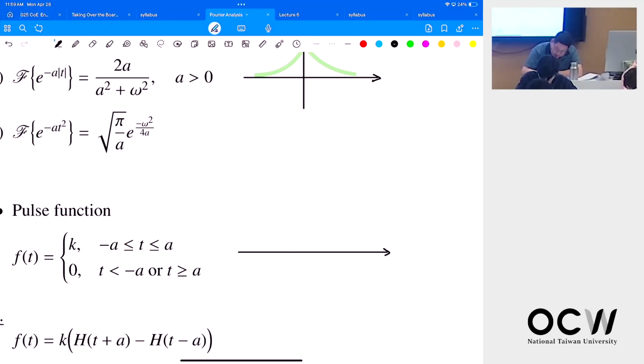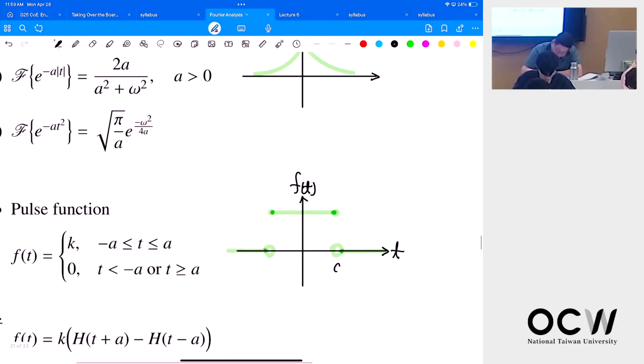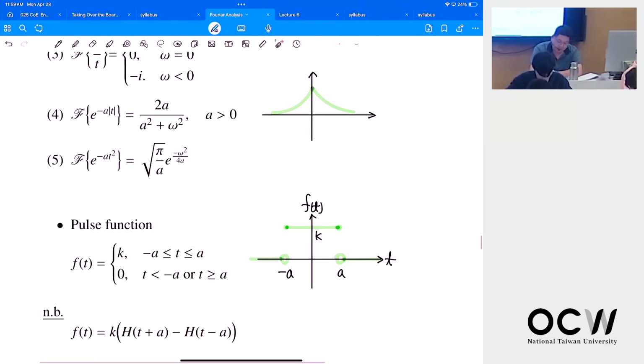This is time t, and then function f of t. If t is greater than a, that's 0, or less than minus a, it is also 0. But between minus a and a, I have a value, and this value here we just call k. That is a pulse function. You can see this is a pulse.